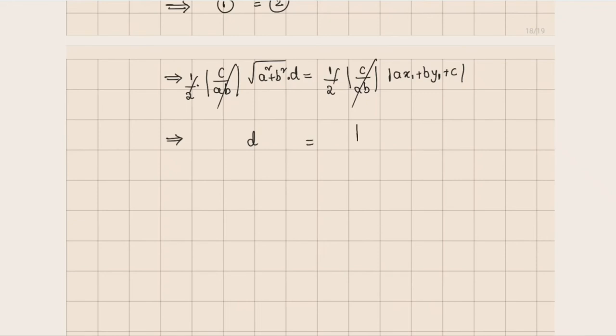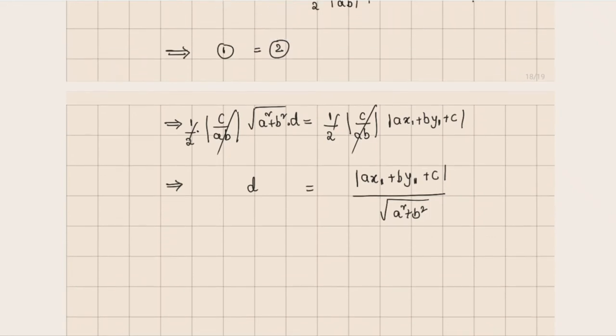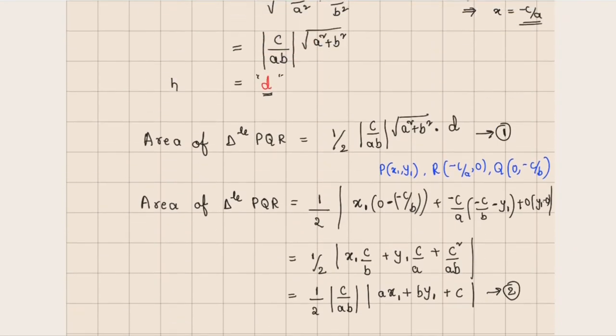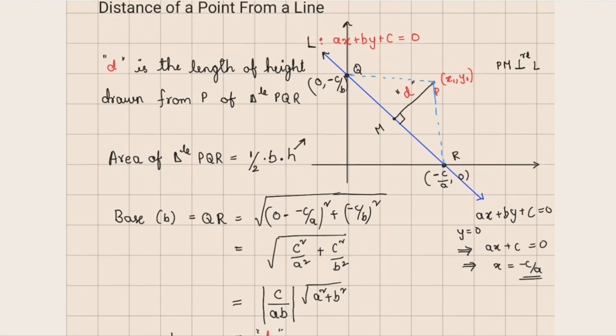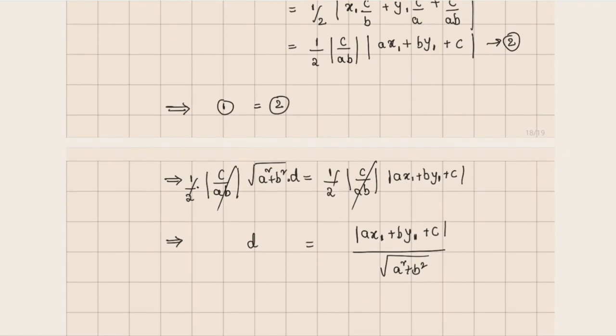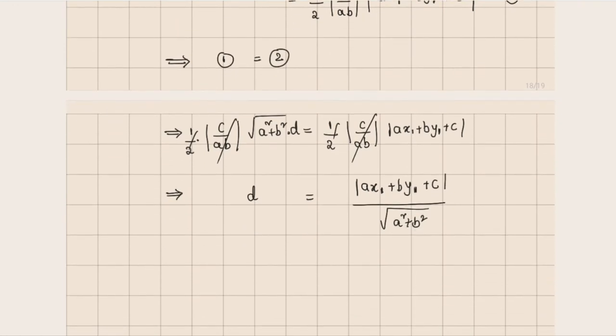is d equals modulus of ax1 plus by1 plus c by root over a square plus b square. So the distance d from a point to a line is modulus of ax1 plus by1 plus c, which means we need to substitute this point P, x1 comma y1, in the line ax plus by plus c, and divide it by root over a square plus b square. a is the x coefficient, b is the y coefficient.